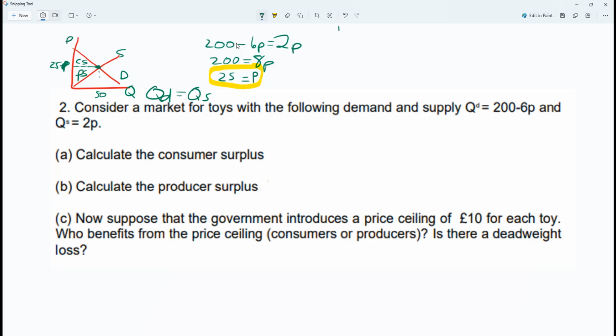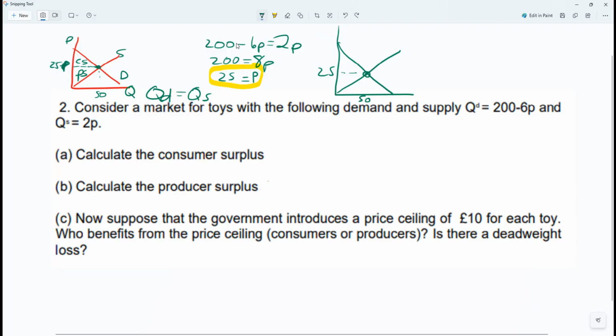Okay, let's draw this a little bit bigger and a little bit better. So if I'm drawing this picture, this is 50. This is 25. I need to know what this is because that's going to be the top end of my triangle. What I can do is put in a quantity of 0, and that's going to tell me 2P, so P would be 0.